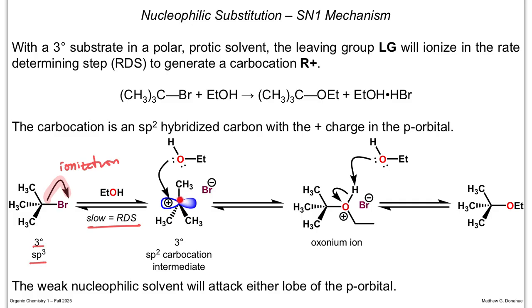So the carbocation here, we have this p orbital, which is dumbbell shaped. So that positive charge is dispersed equally amongst those lobes. The solvent, which is the nucleophile supplying the electrons, will attack one of those lobes.